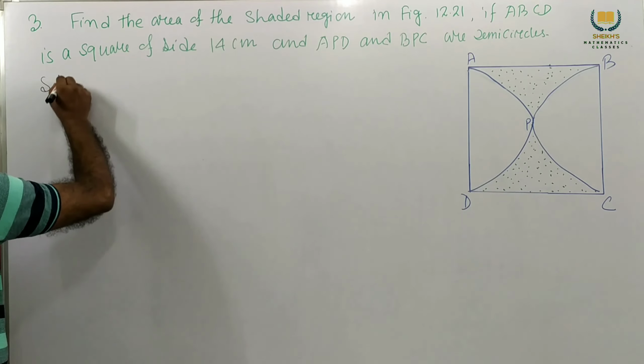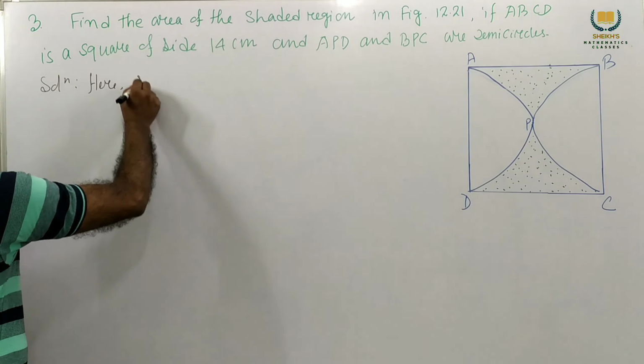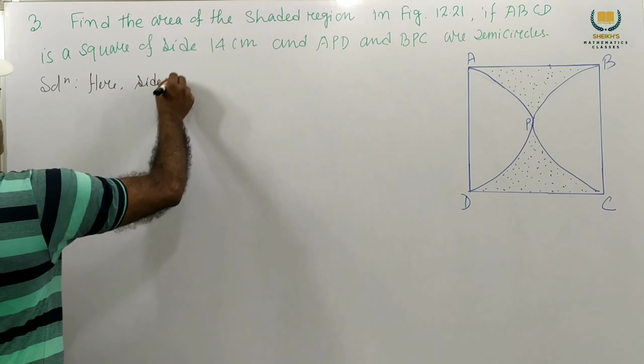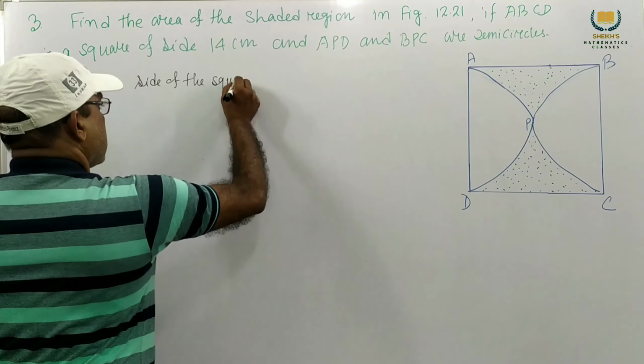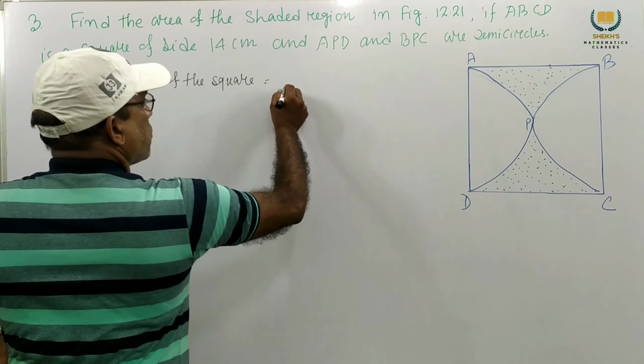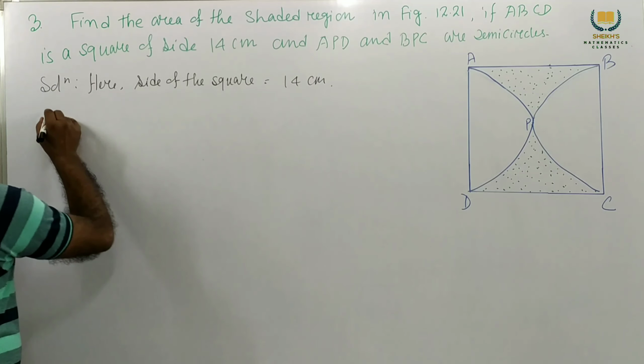Solution: here the side of the square is equal to 14 cm.